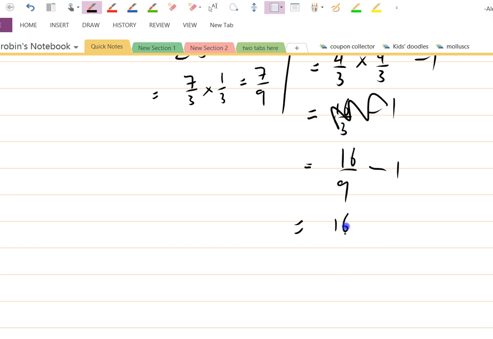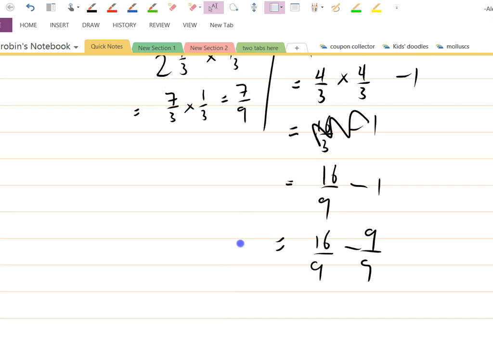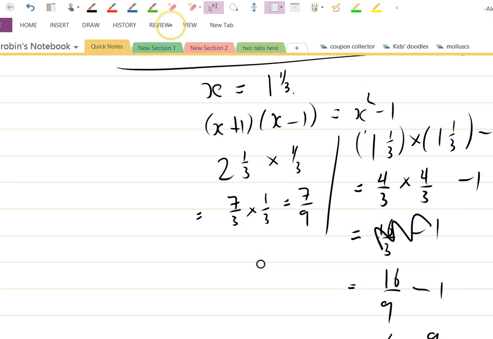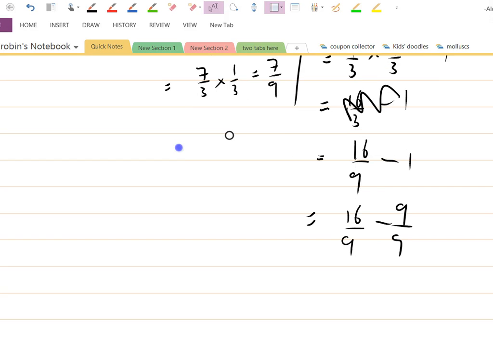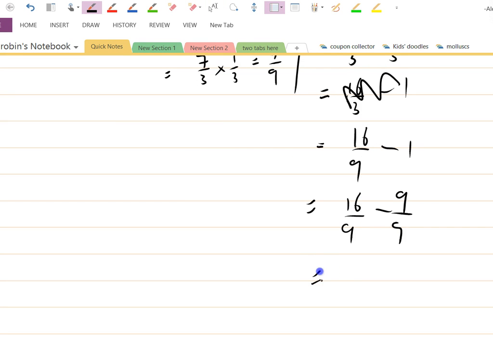Equals 16 9ths, take away 9 9ths, because 1 is 9 9ths. See how slowly I'm going? Yeah, sure, I could do it all in one step. Of course I could. It's what I do for a living. But it doesn't hurt to go through it stage by stage, piece by piece, number by number. 16 take away 9. Well, that's 7, isn't it?